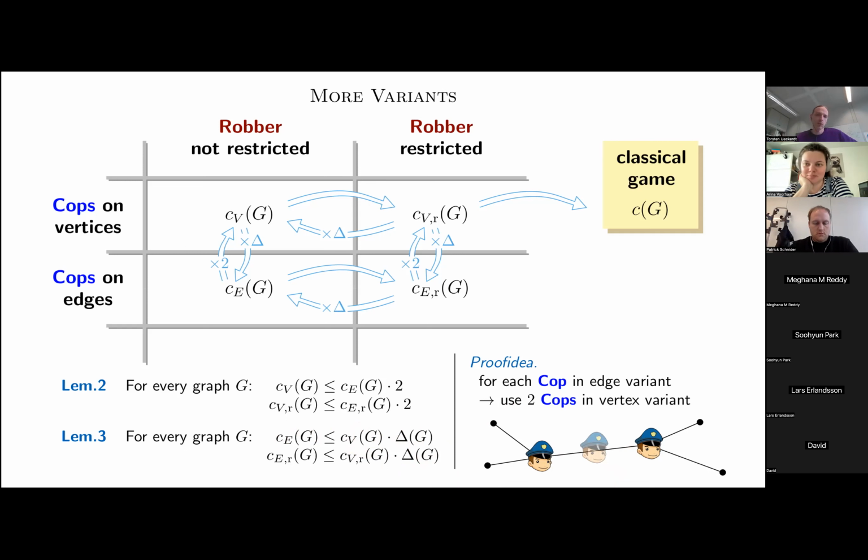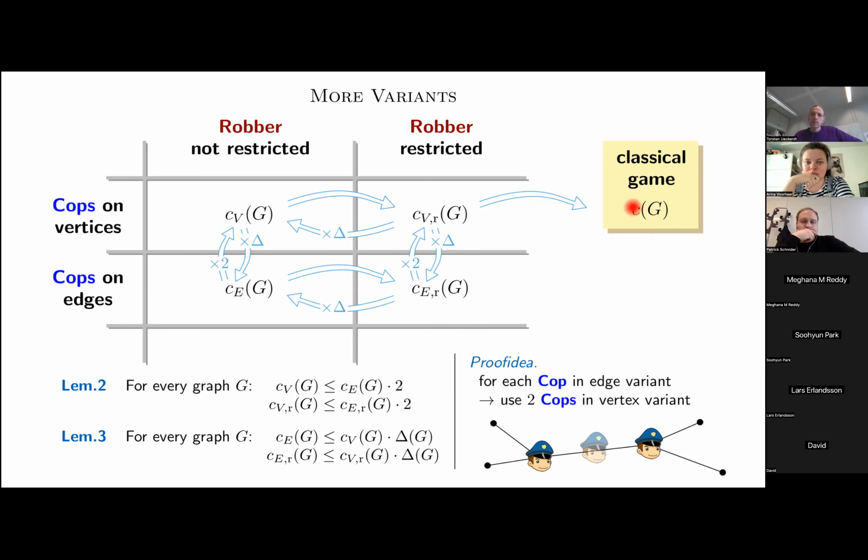There are examples giving you this. So this basically puts all these four surrounding numbers into the same order of magnitude, if you allow yourself a factor of maximum degree.